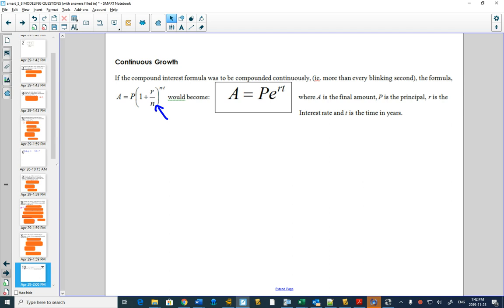Because then every day the bank would pay you a little bit of interest. And the next day, you'd get a little bit of interest, but a tiny little bit on the interest you already made. And the next day you'd make a tiny bit on that interest and then a tiny bit on the interest from that day before. And so if it was compounded every day, you'd make interest on interest faster.